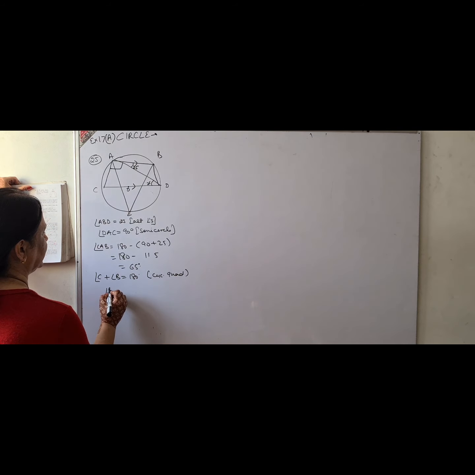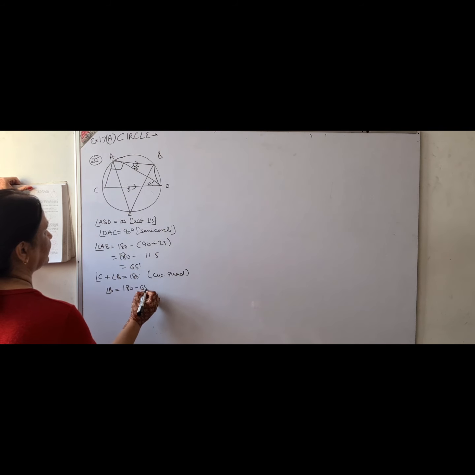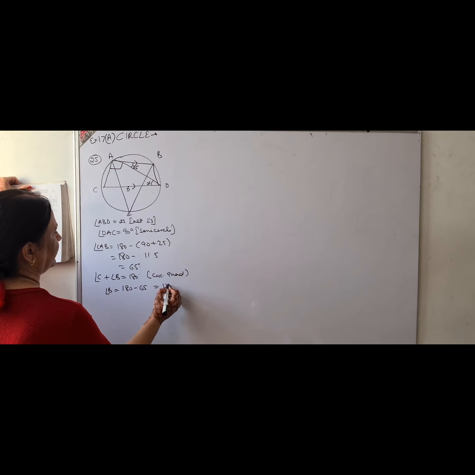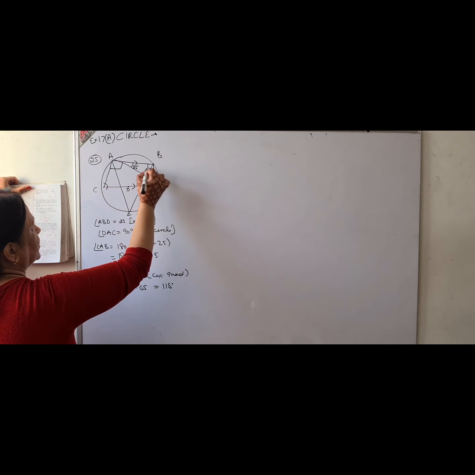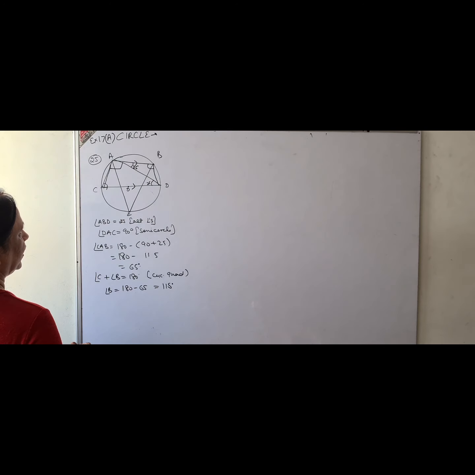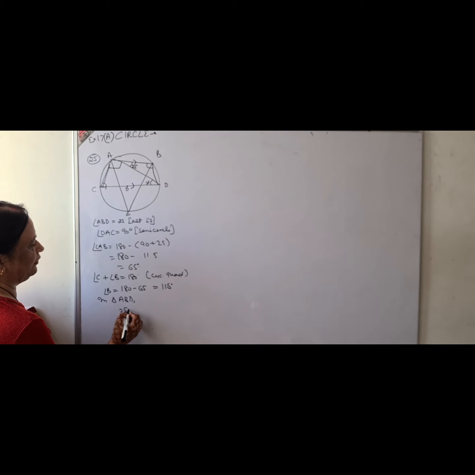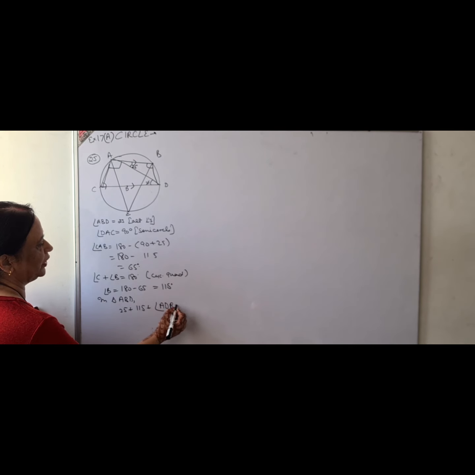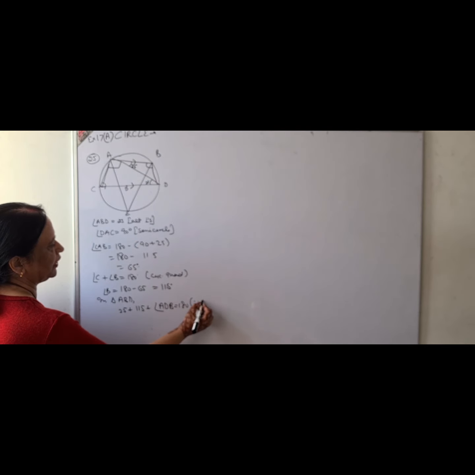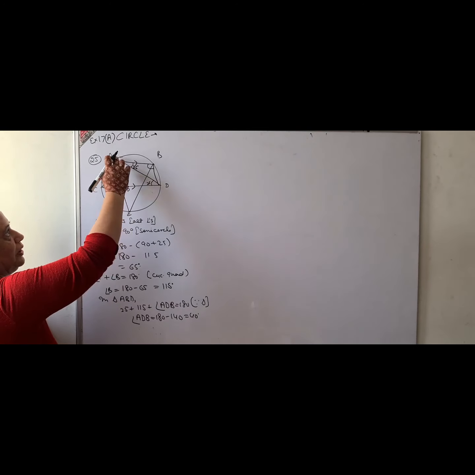Hence angle B is equal to 180 minus 65, that is 115. Angle C plus B, as this is a cyclic quadrilateral. In triangle ABD, very important sum, so many times it has come, 25 plus 115 plus angle ADB is equal to 180 because of the sum of the angles of a triangle. Hence ADB is equal to 180 minus 140, that is equal to 40. Why? Because of the sum of the angles of a triangle.